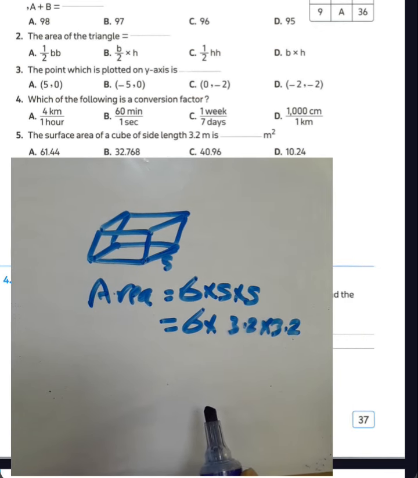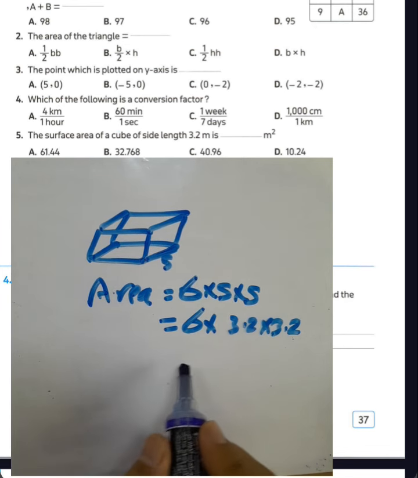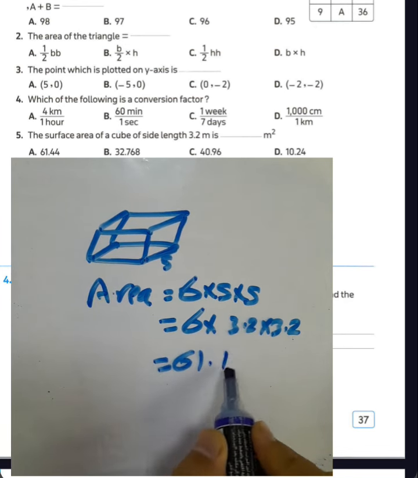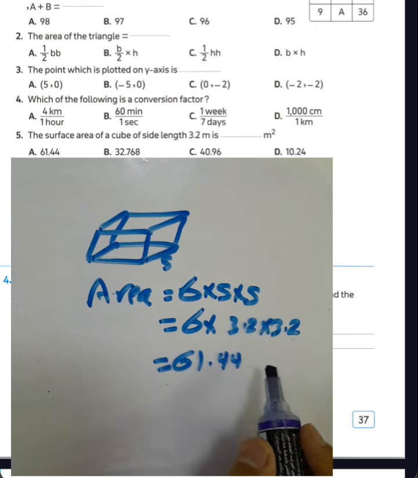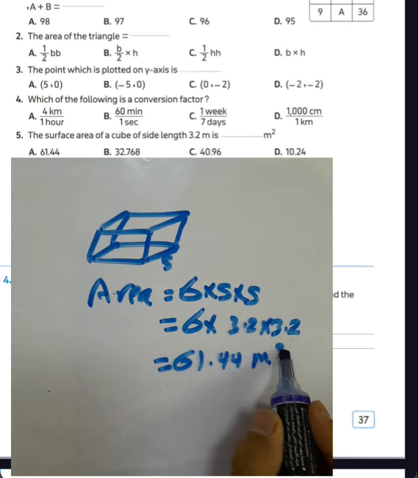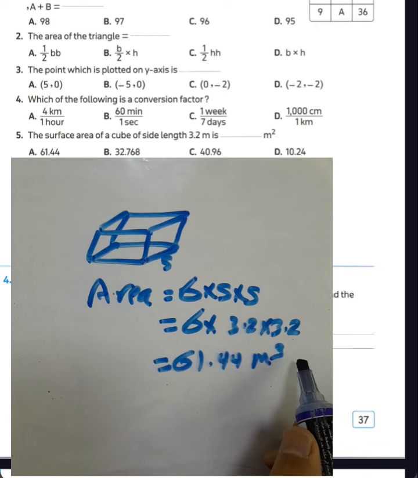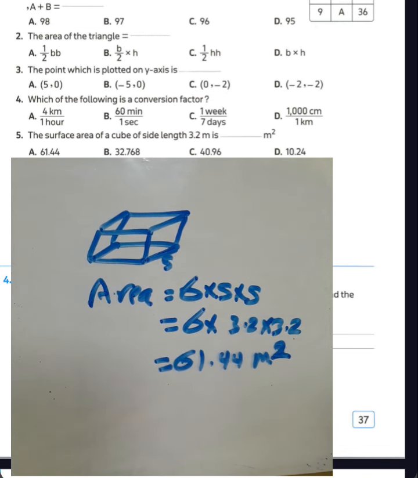The result will be what? It will be 61.44 square meters. The area will be 61.44 square meters. Choose letter A.